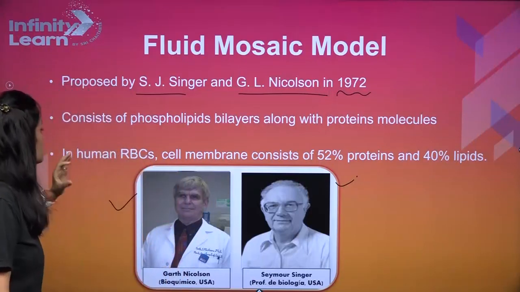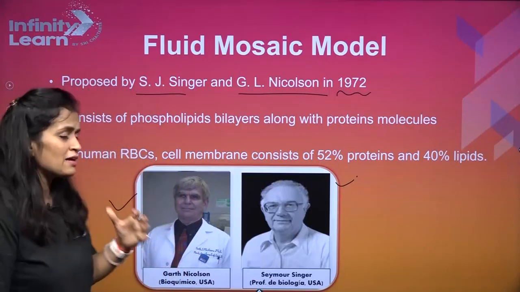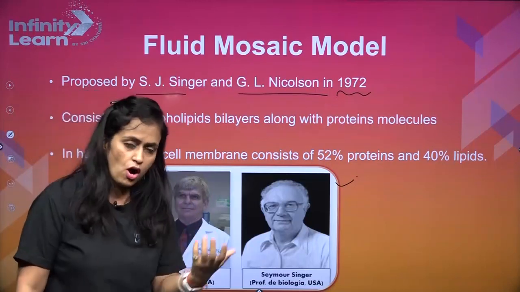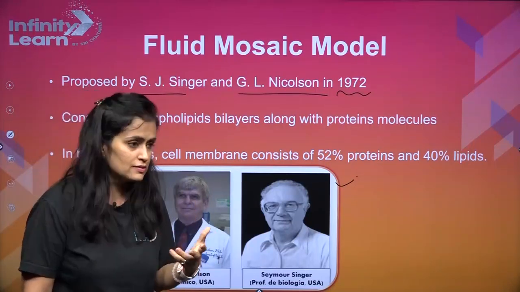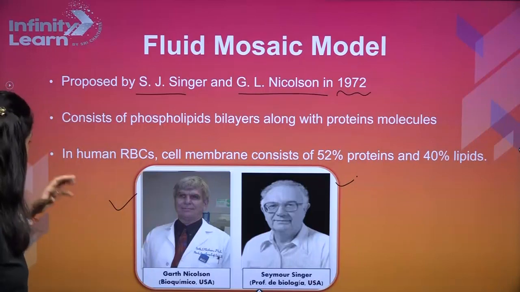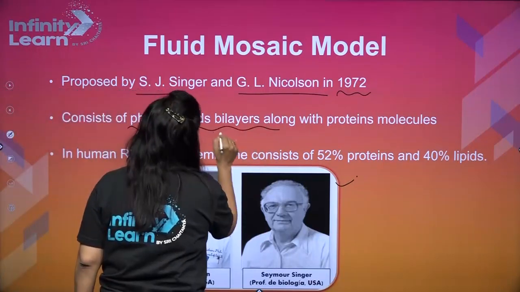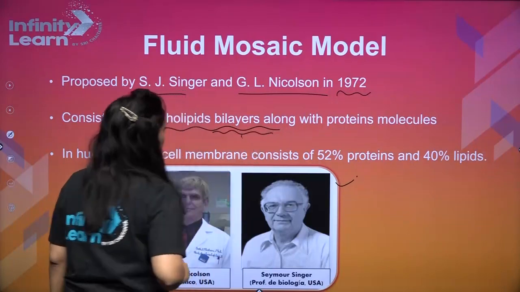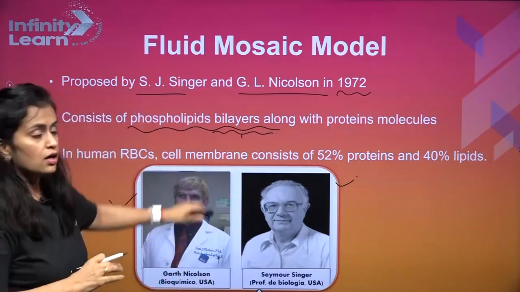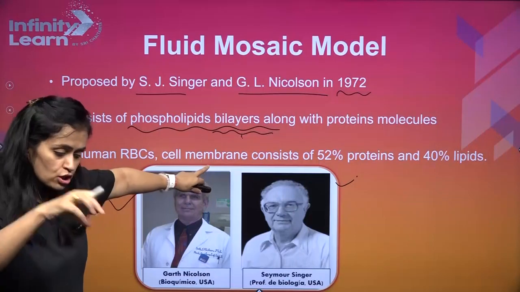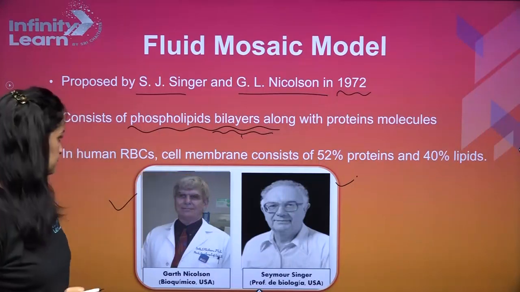So we are talking about the structure, right? And the first time they were observing it in the RBCs itself. So it is made up of a phospholipid bilayer. Bilayer meaning two layers. There are two layers and protein molecules are embedded inside them.